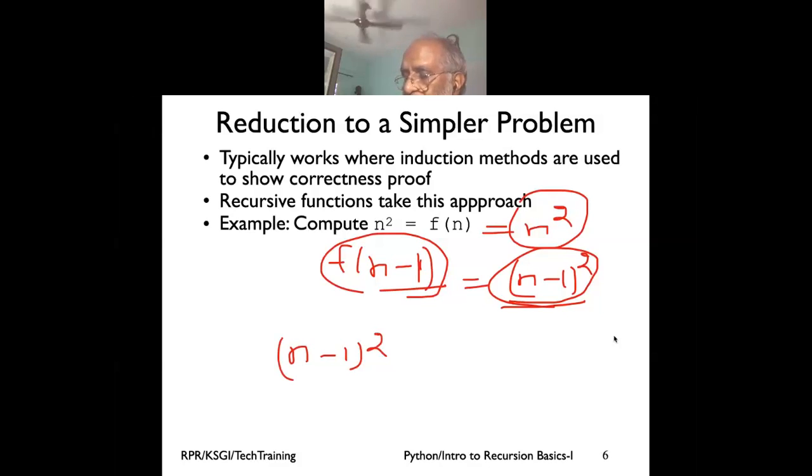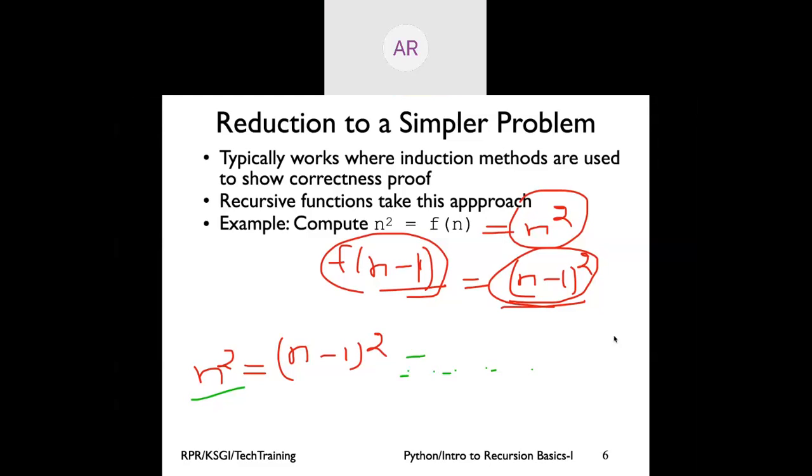So from n minus 1 square, my job is to find n square. What should I do here so that I can get n square? Plus 2n, minus 1. Okay.